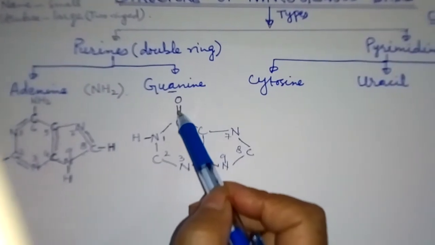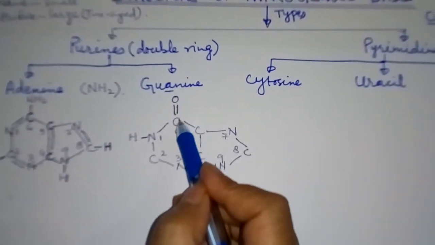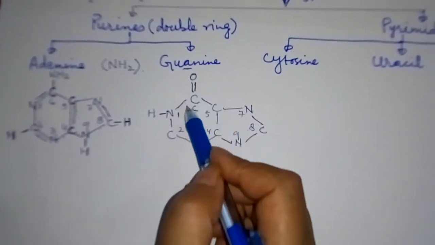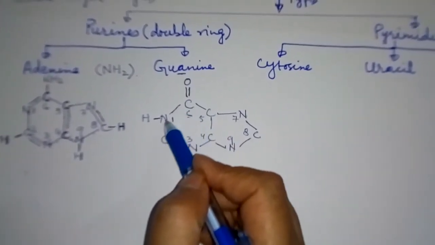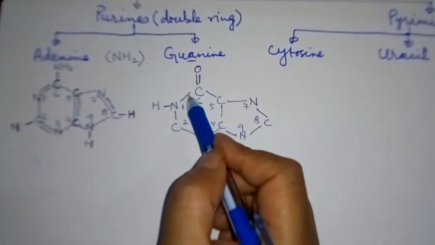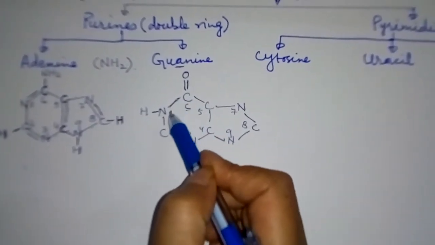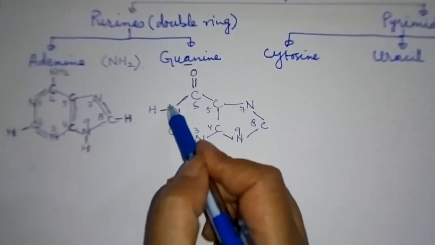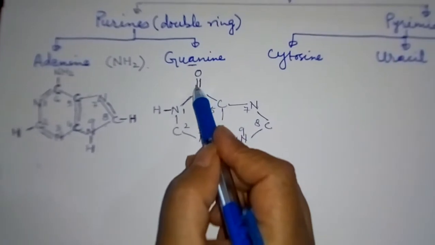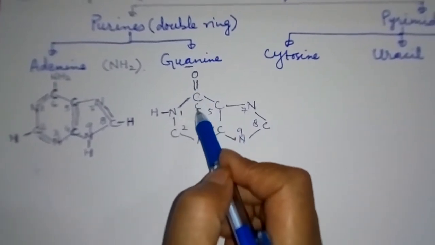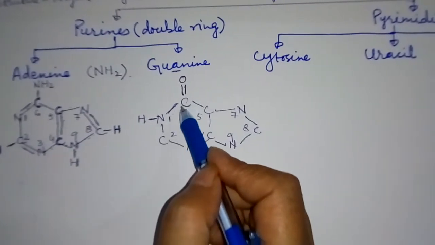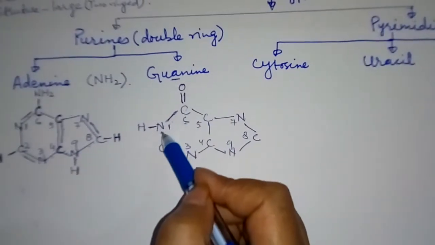Students, always remember this thing: when a double bond is already present with this top carbon, this nitrogen will never make a double bond, it will have a single bond. To satisfy the valency of nitrogen we always write a hydrogen, but if something is attached with carbon number 6 with a single bond, then you have to place a double bond between nitrogen and carbon.